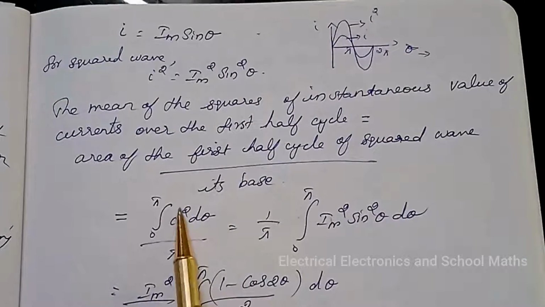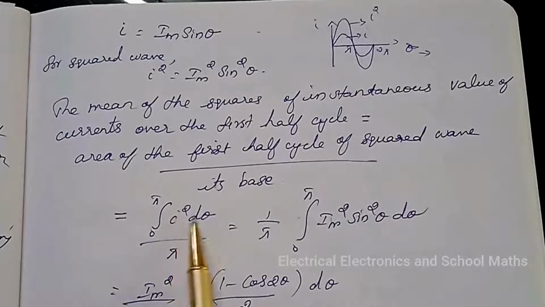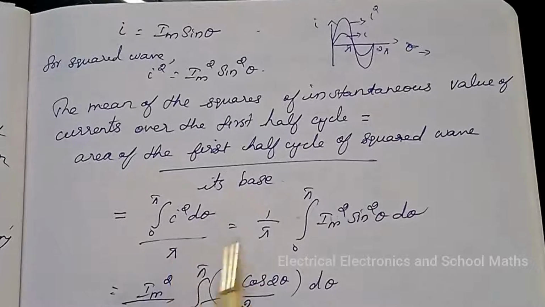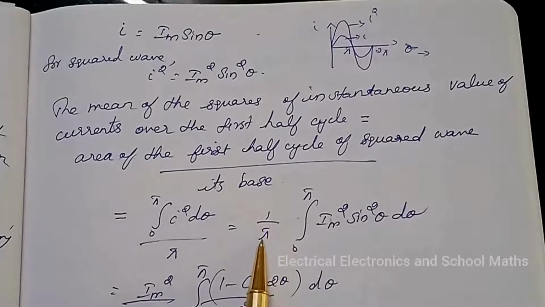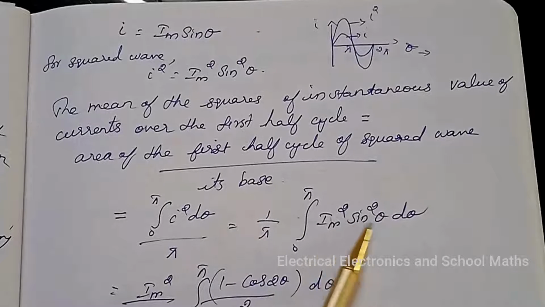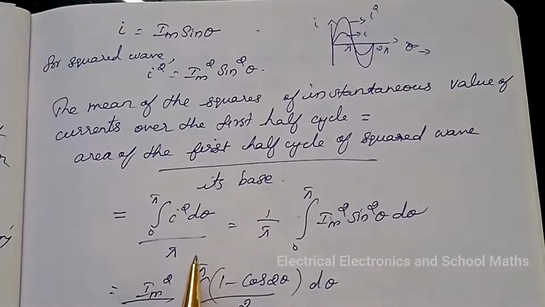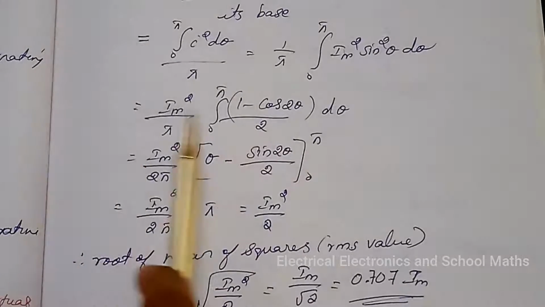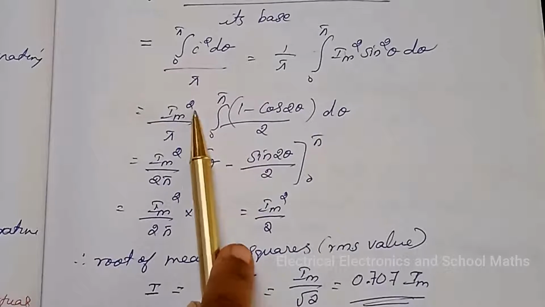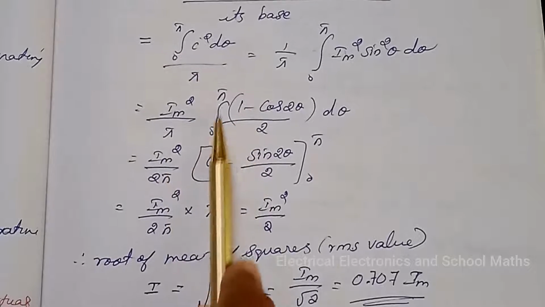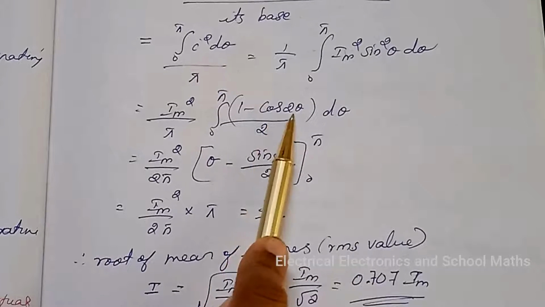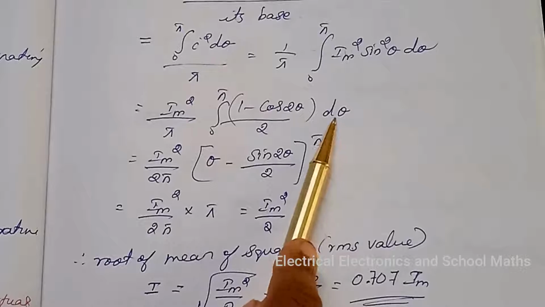That is, integral over 0 to pi of i square d theta, divided by the base, which is half cycle, that is pi. That is 1 by pi integral 0 to pi of i square, which is Im square sin square theta d theta. Im square is a constant, take it outside. Im square divided by pi, integral 0 to pi of sin square theta, which can be written as (1 minus cos 2 theta) by 2, d theta.